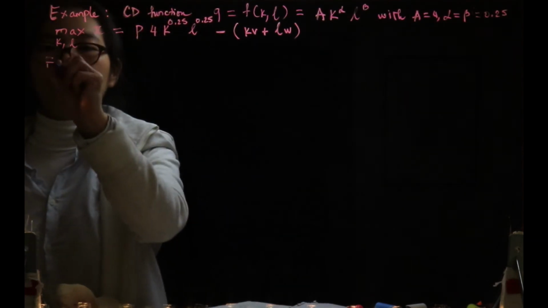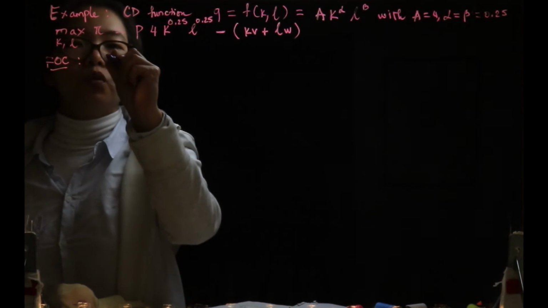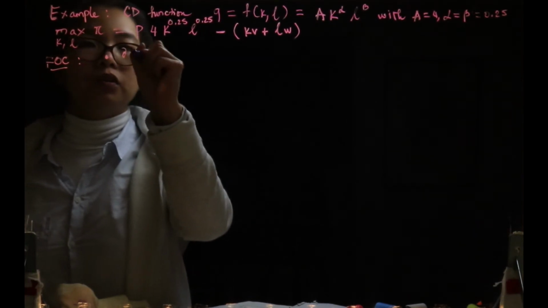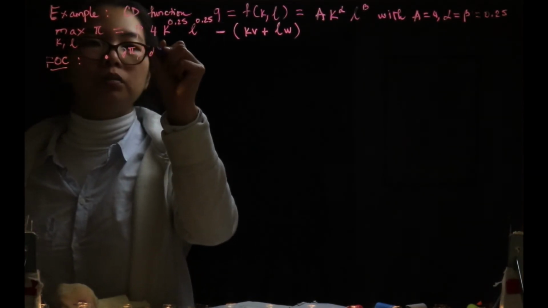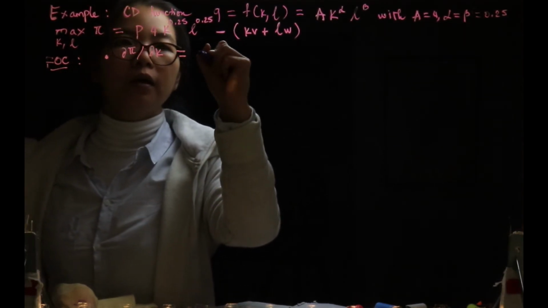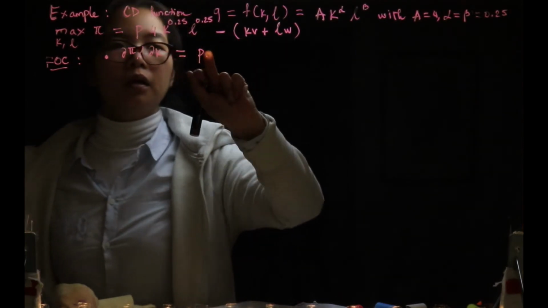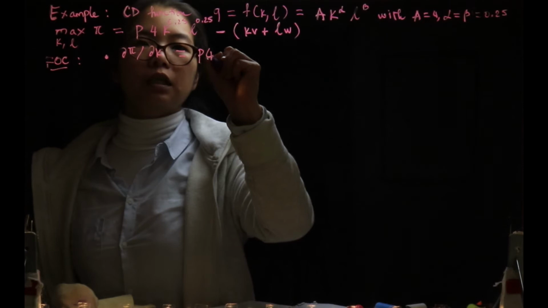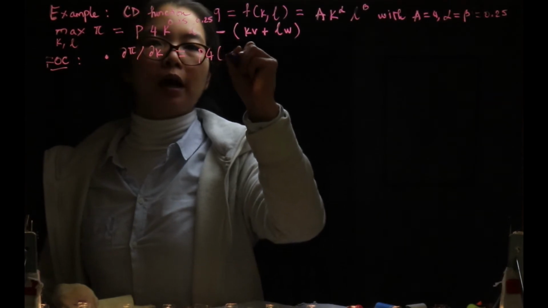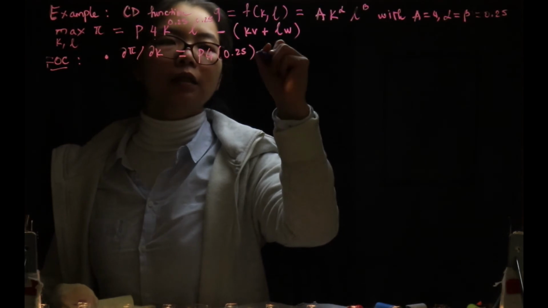Let's go further with the first order condition. The first one says that the derivative of pi with respect to K is now P, which stays the same, 4 stays the same, times 0.25, right?